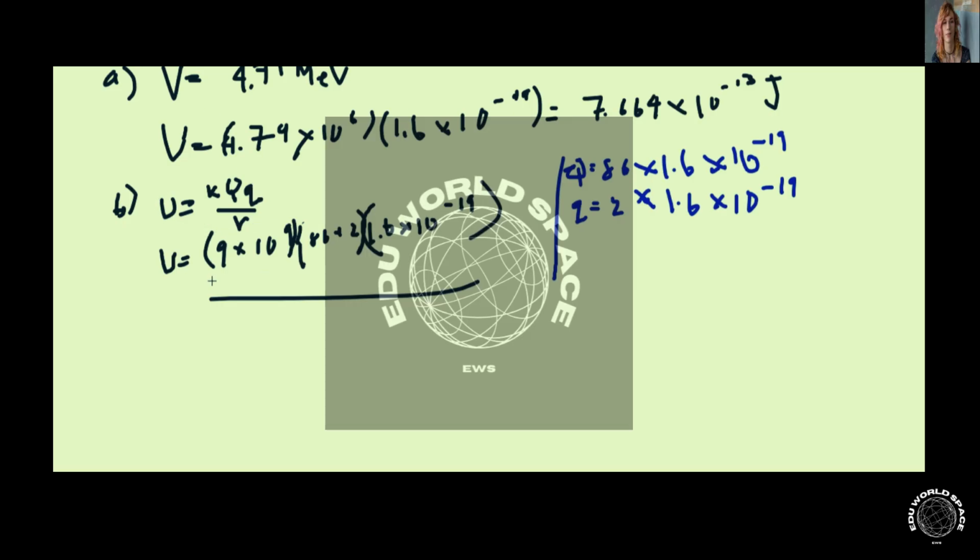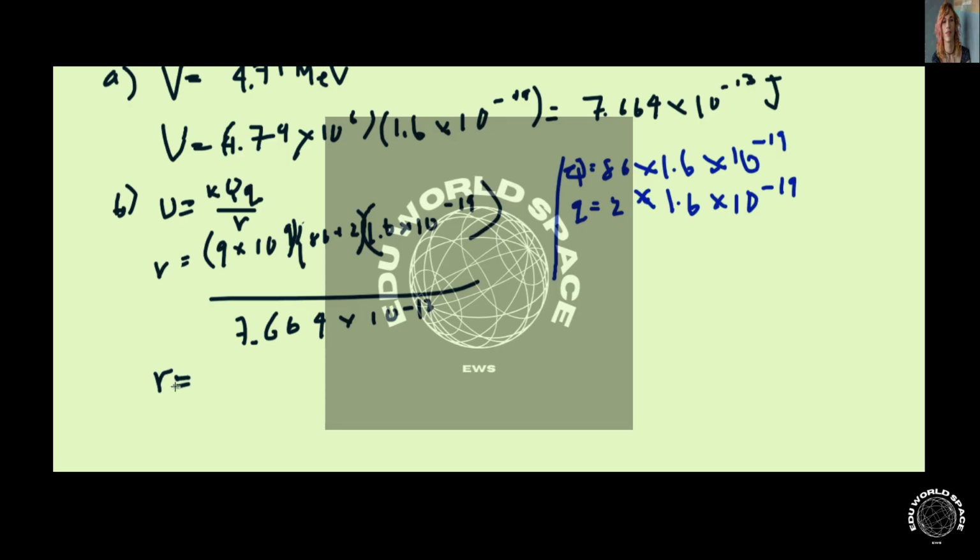If we do that in the second step here, we find that the radius r is equal to all of this over the potential, which is 7.664 times 10 to the negative 13, sorry.